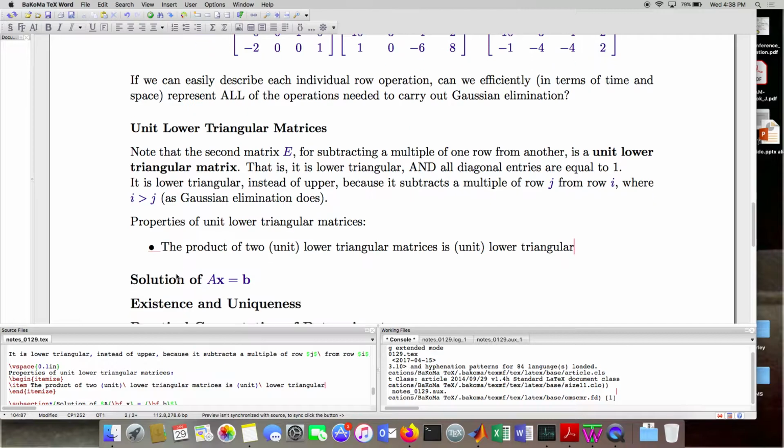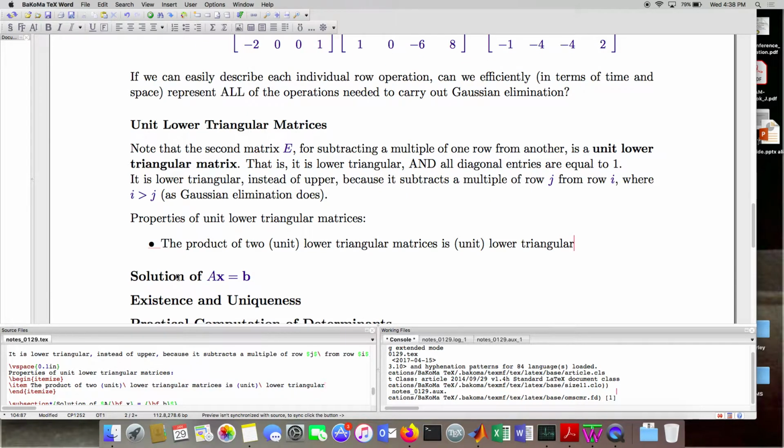Now, the reason why I put the word unit in parentheses in both cases is because I could drop that from a sentence and it's still true. So multiplying two matrices of the same triangularity always preserves that triangularity, lower or upper. If they both happen to be unit, then that aspect is also preserved.